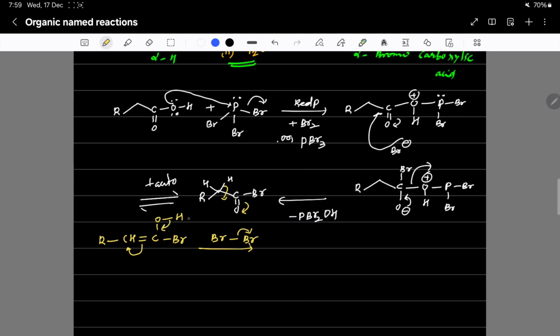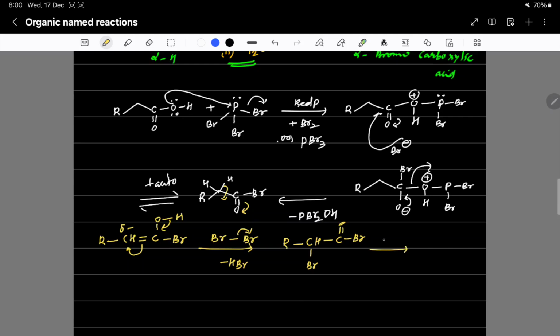Now the H plus leaves as HBr, and this carbon will get a positive charge. Then Br minus will attack here, and we will get Br on the alpha carbon and C double bond O Br, right? This is one possible product, student.